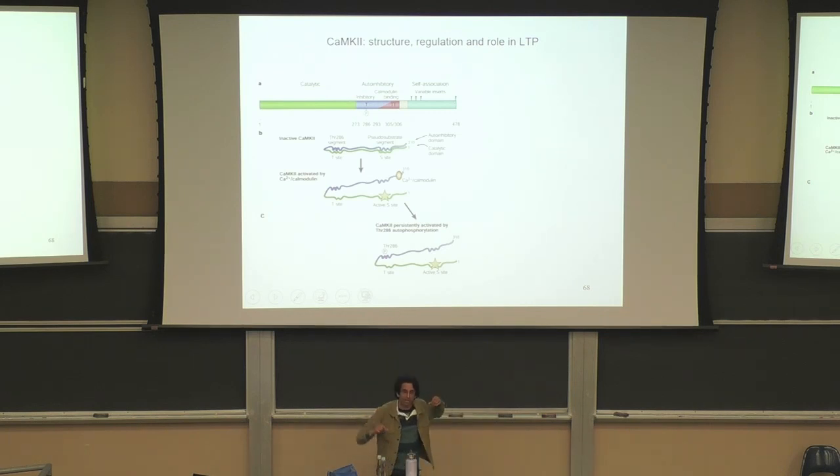And after it becomes autophosphorylated, it can now stay active even in the absence of the calcium calmodulin. So first it's inactive, then you get calcium influx, then the calcium binds calmodulin, then the calcium calmodulin opens the paperclip, and when it's open, it can autophosphorylate itself, and when it's autophosphorylated, it can stay open even if the calcium calmodulin goes away.